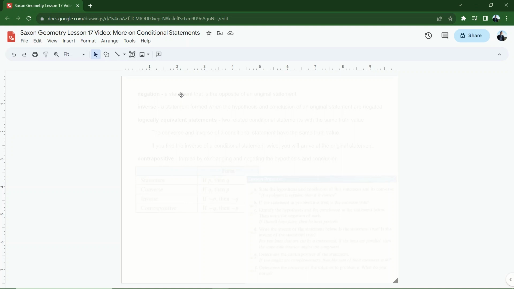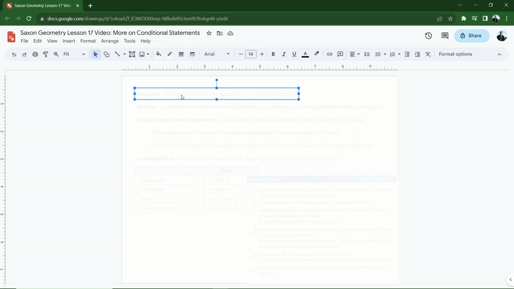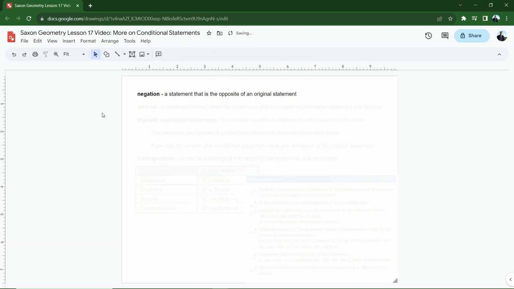In this lesson, we're going to learn two more types of things that we can do with conditional statements. And the first thing we're going to learn in this lesson is a tool that we're going to use to get to one of our new types of conditional statements or new transformations of conditional statements, and that is a negation. Okay, so a negation is a tool we're going to be using.